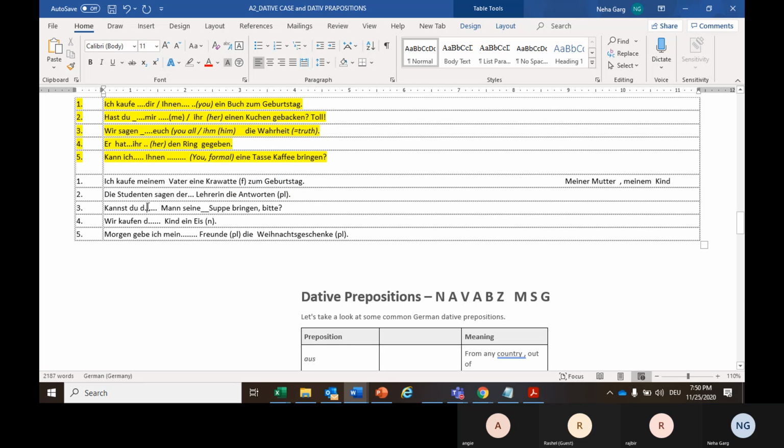Dem Mann. Kannst du dem Mann seine Suppe bringen, bitte? Could you please bring his soup to the man? To whom are we bringing the soup? To the man, right? So, dem Mann.